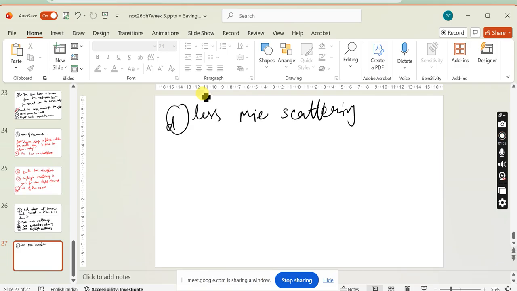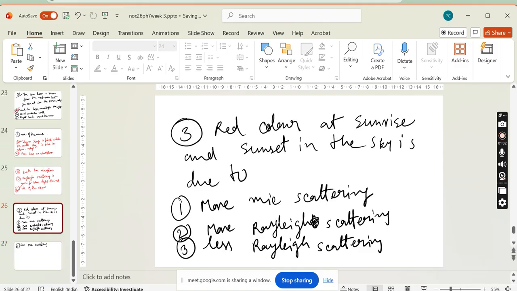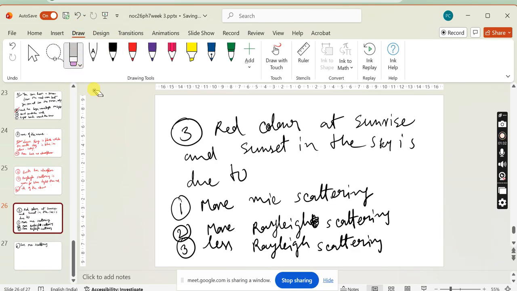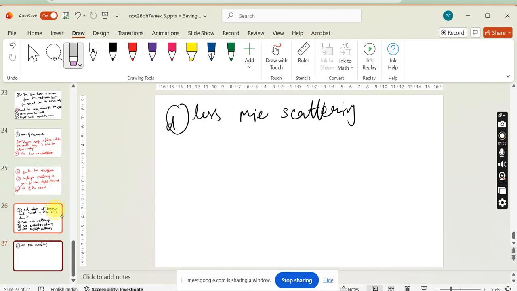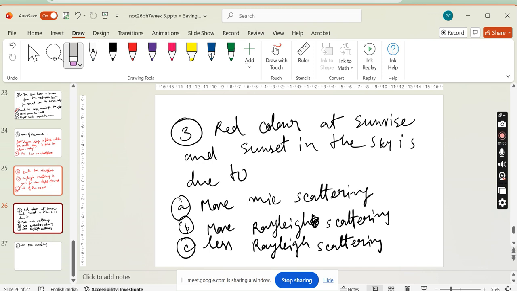Here you can be confused by more and less, Mie and Rayleigh scattering. Basically they are asking a scenario where both scatterings are happening, and which scattering has more influence on that phenomenon. The different colors, red and blue, we see are because of Rayleigh scattering.